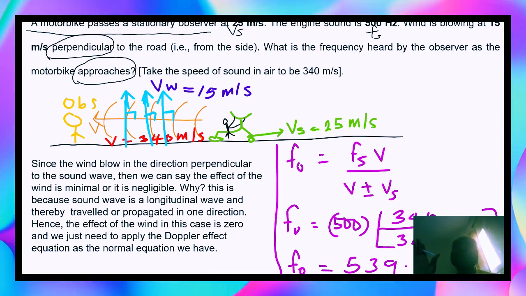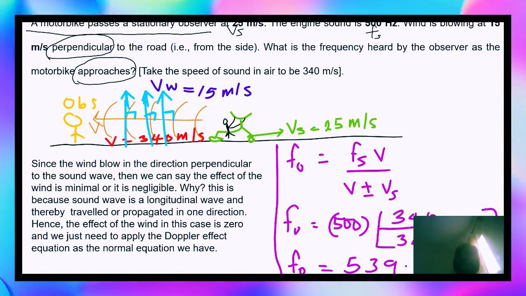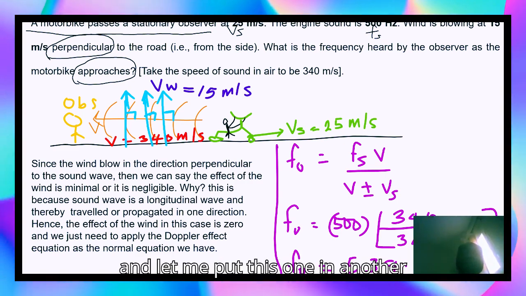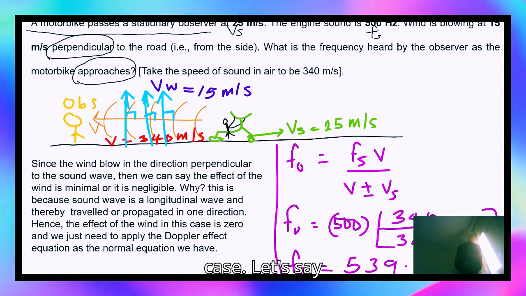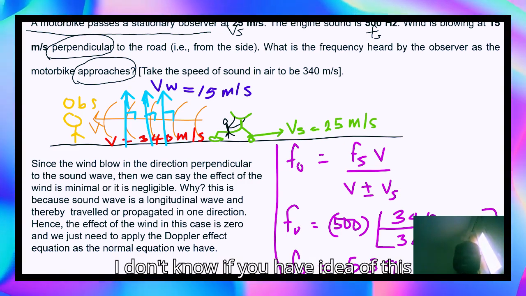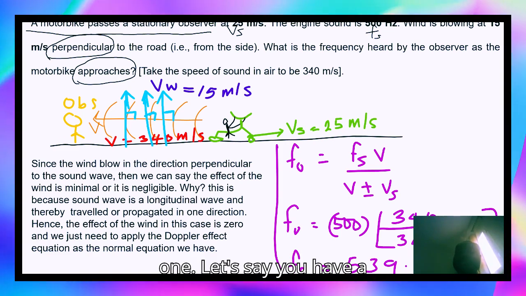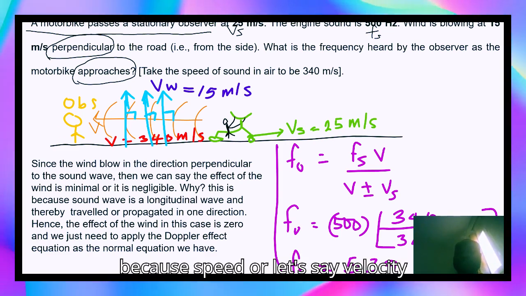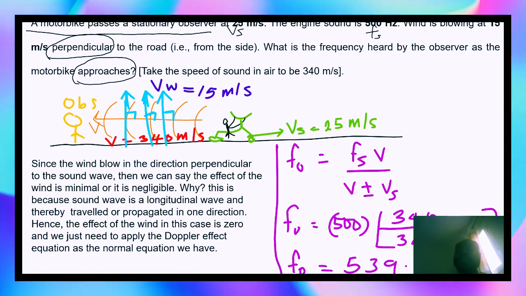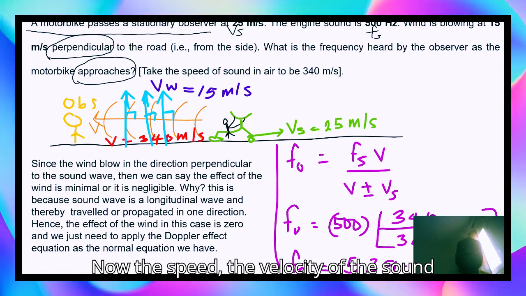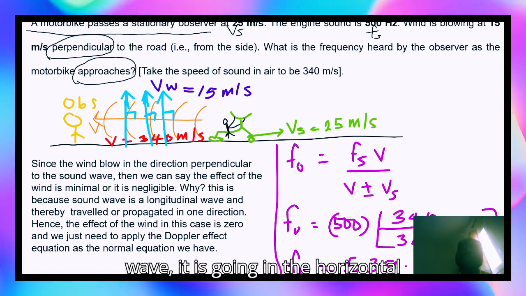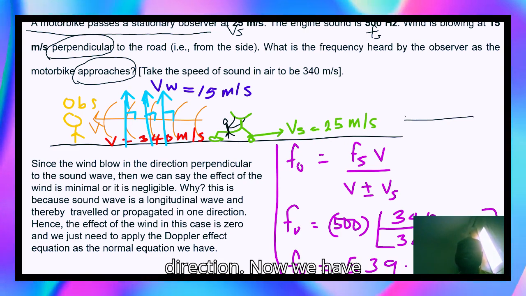Okay, and let me put this in another way. Speed, or let's say velocity, is a vector quantity. Now the velocity of this sound wave is going in the horizontal direction.